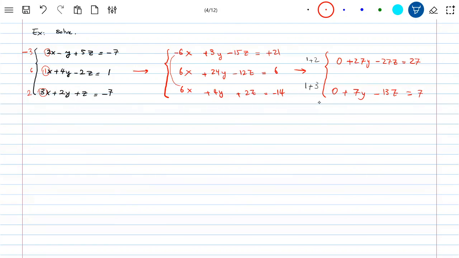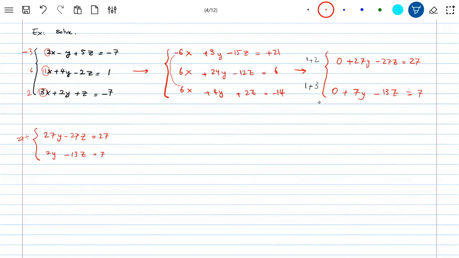Here's what I recommend: rewrite this. After a while, you can skip some of these steps. I'm just going to write them so you will see. There's no x anymore. You'll have two variables now. 7y minus 13z equals 7. You can simplify the equation. For example, equation 1, I can divide everything by 27.